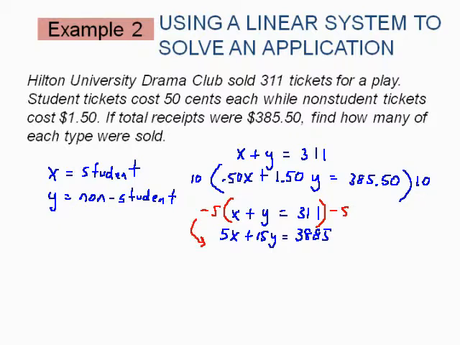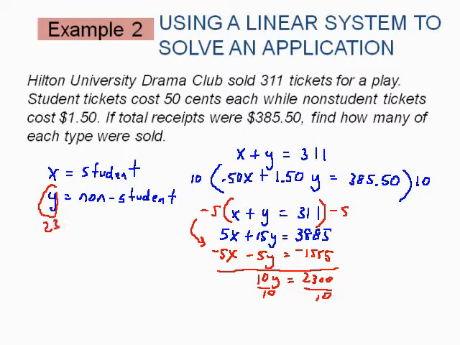So I'll bring this down like I did in the previous example, and we'll get -5X minus 5Y equals -1555. The X's will go out, leaving me with 10Y equals 2300. And dividing by 10, Y, the non-student tickets, will be 230.